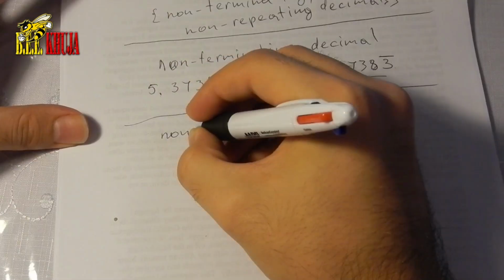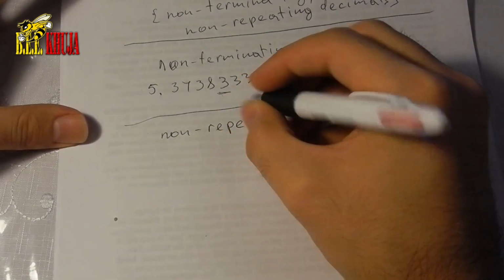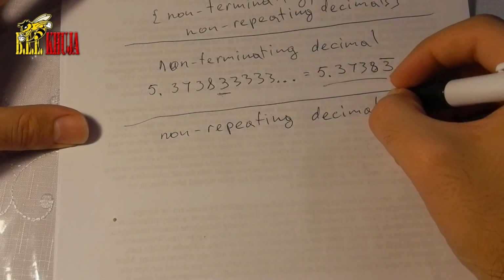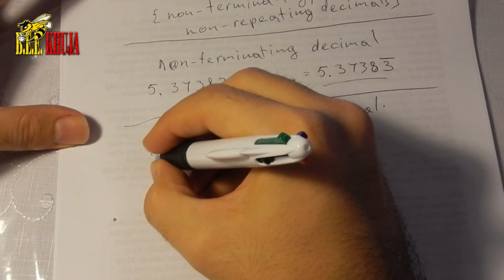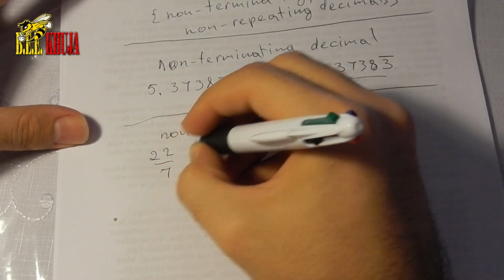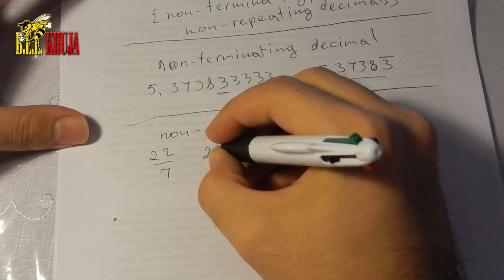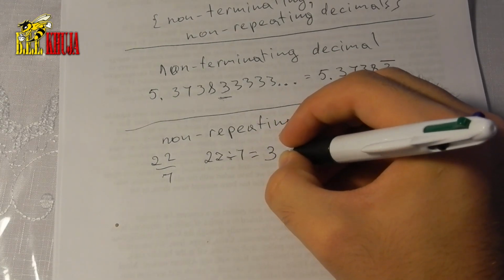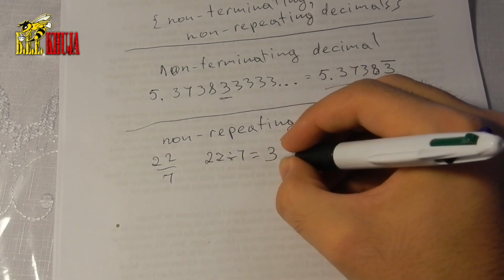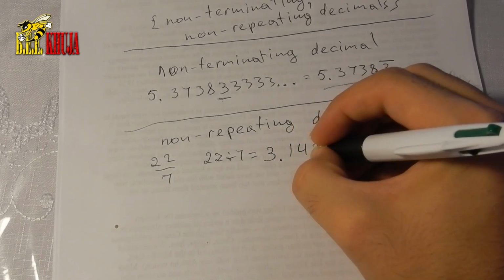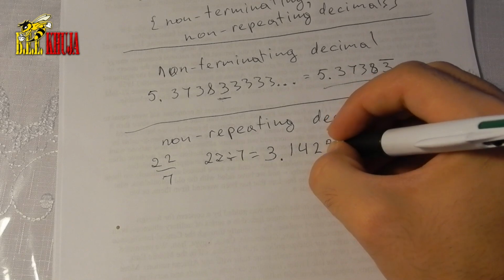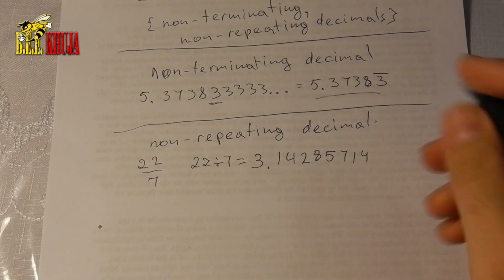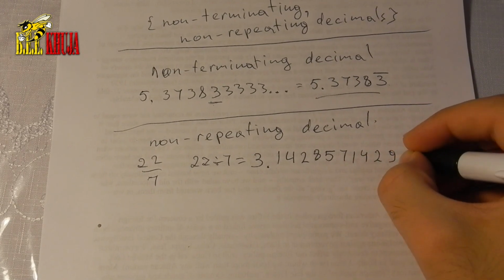And for a non-repeating decimal, we can take the example of 22 over 7. 22 over 7 is 22 divided by 7, which has 3 as the whole number, and after the decimal it has 1, 4, 2, 8, 5, 7, 1, 4, 2, 9, and so on.